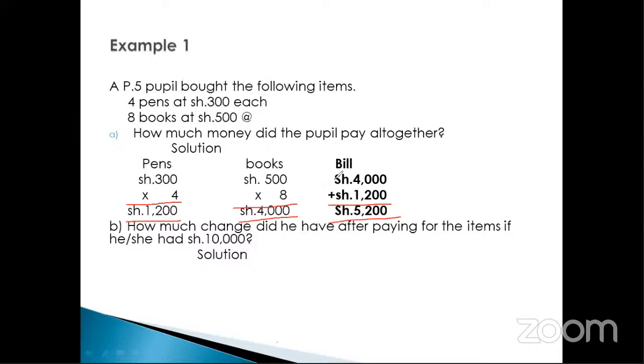Can I have Saif? Say it, please. How do we get that question B? How about Junior? Joel and Junior, how do we get the change now? Junior, please.